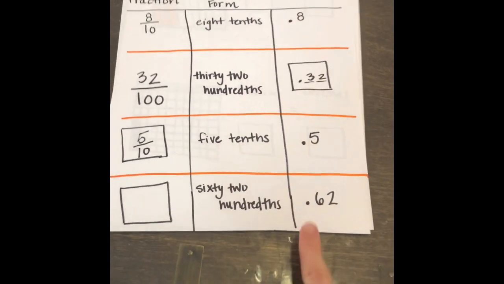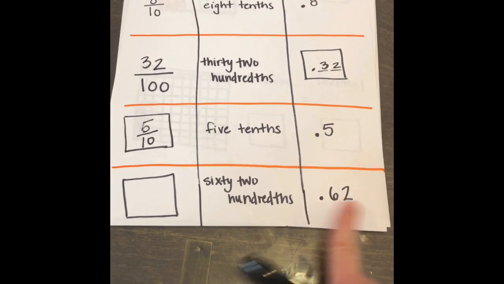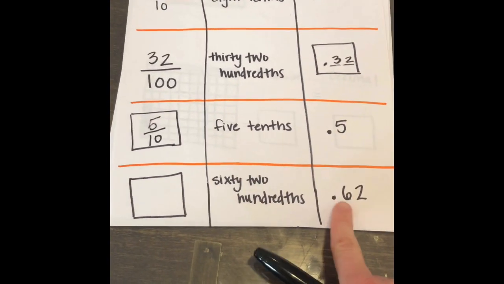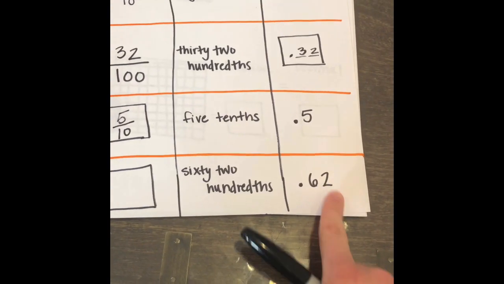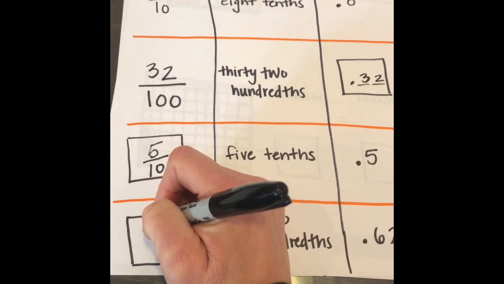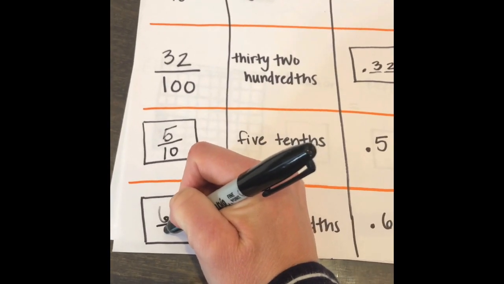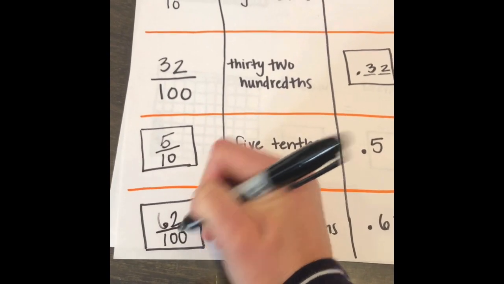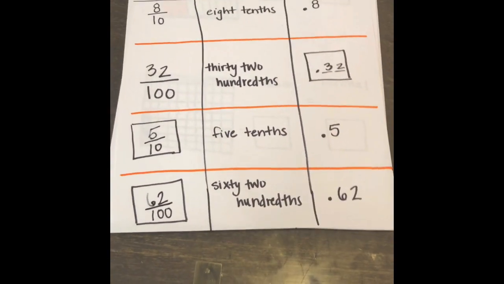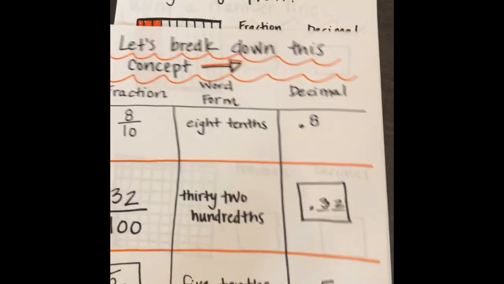Last one. If I say this decimal out loud, it's going to help me fill in my fraction. 62 hundredths. Word form, fraction. 62 hundredths. All equal and all of equal values.